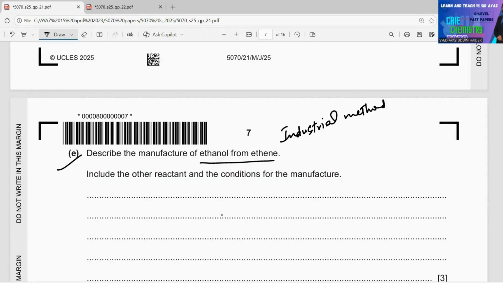So you write steam or water. This is the other reactant. And it's worth 3 marks. So you can write the conditions. I need 2 conditions.